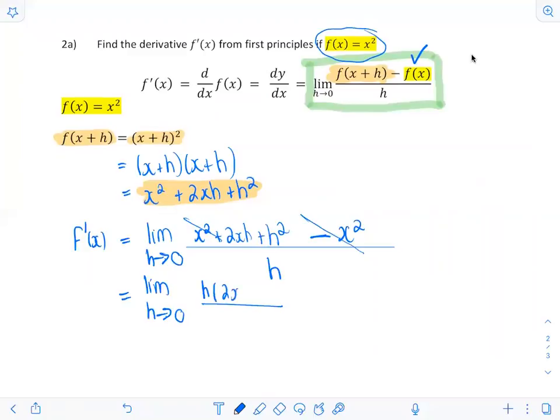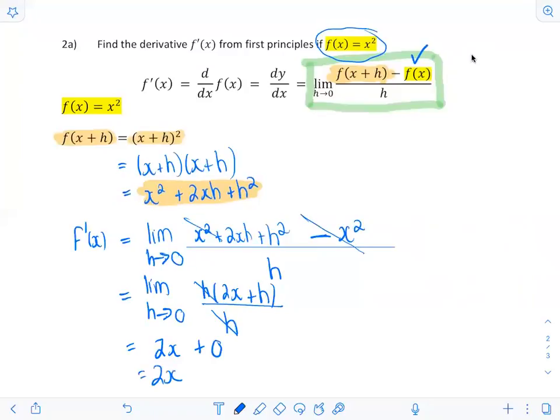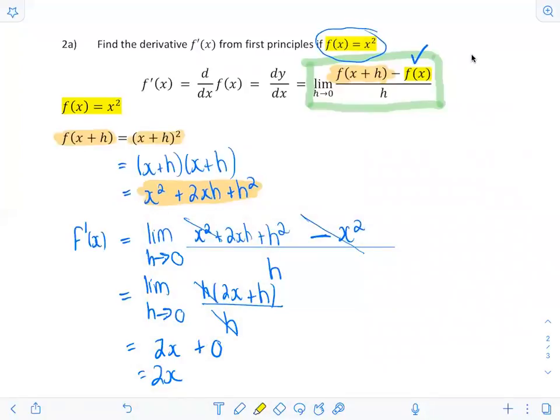So there's left 2x plus h. If I now substitute, the moment I substitute, the limit notation disappears. It's 2x plus 0. So I now see that the derivative of x squared is 2x.